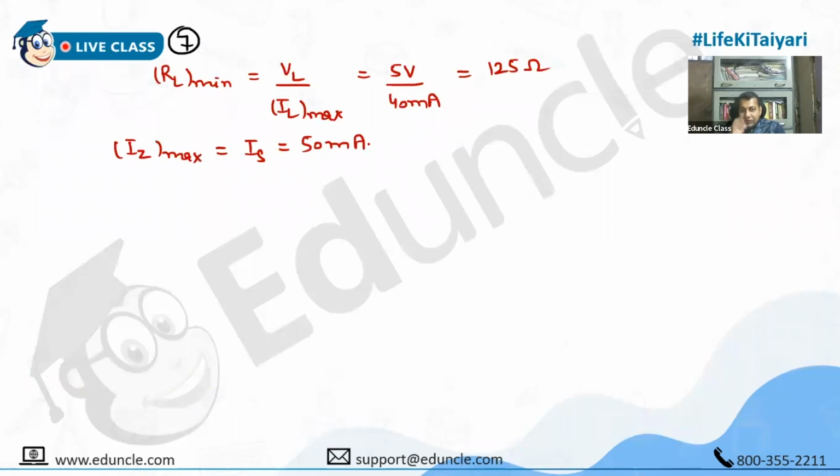Otherwise, such a situation will not be there, because all the current will not pass through the Zener. Some current will flow through the load also. It means such a diode will be safe in all respects if you connect a diode keeping this in mind.